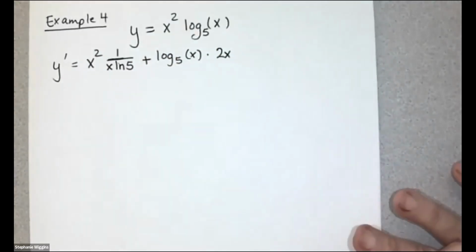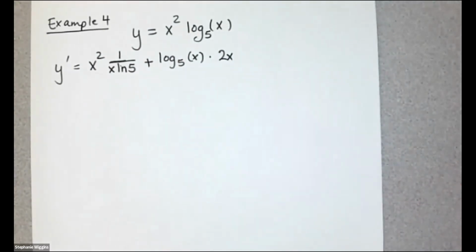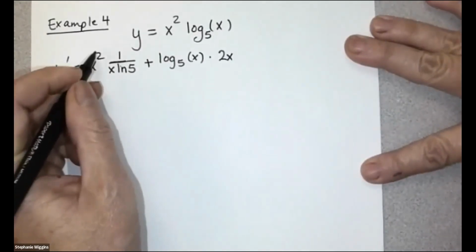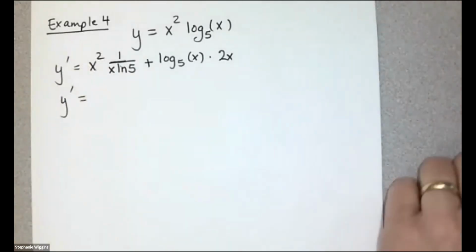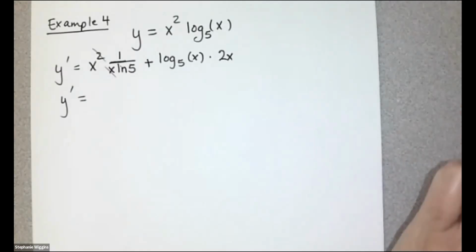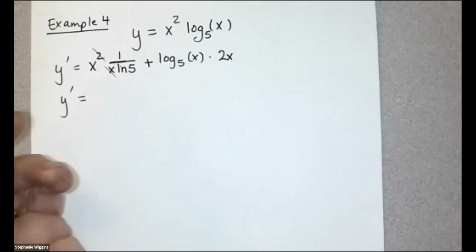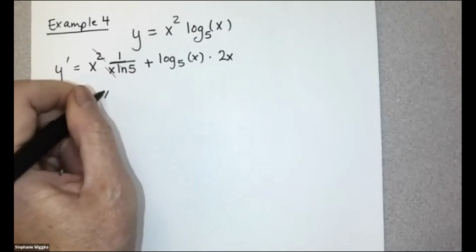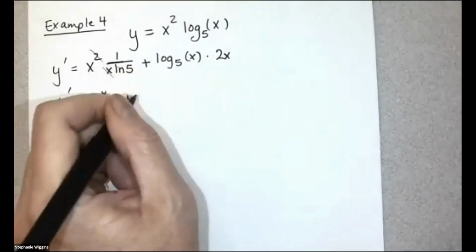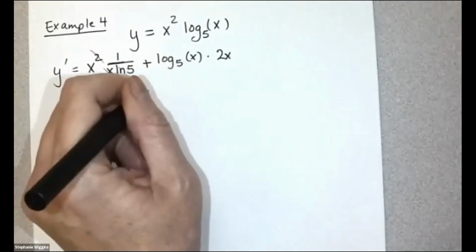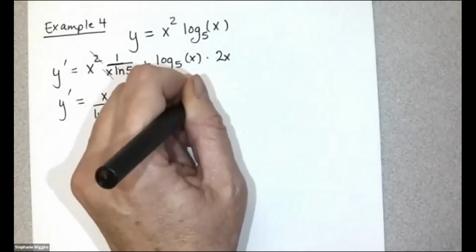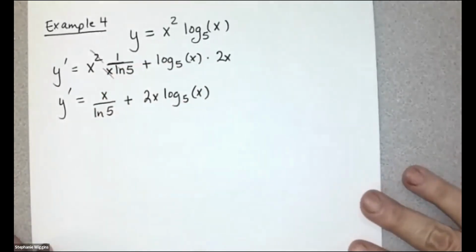Okay, that's the product rule. Now, to simplify this, I suppose I would just go x squared divided by x. That's going to cancel out an x there in the denominator. And so I have x in the numerator divided by ln 5. And then I'm adding to that 2x times log base 5 of x. Okay, so there's my derivative.